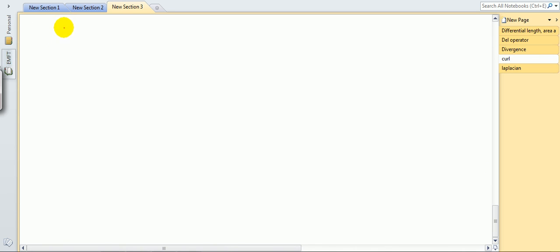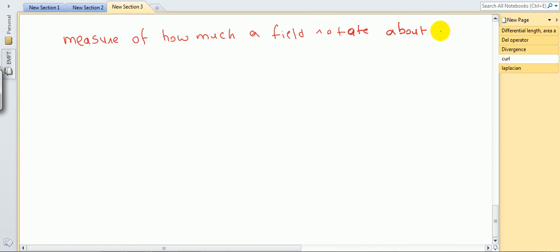Curl basically shows a measure of how much a field rotates at any point, or about any point.